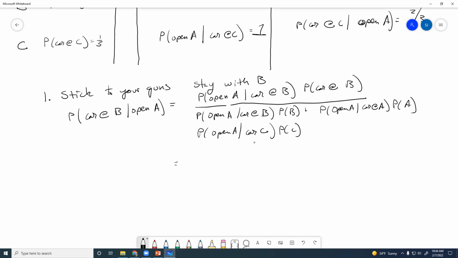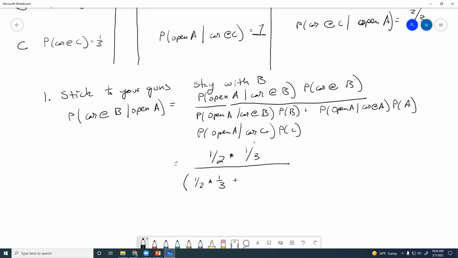We have the probability that he opens A, given the car is at B, that's 1/2, times the probability that the car is at B, that's 1/3.